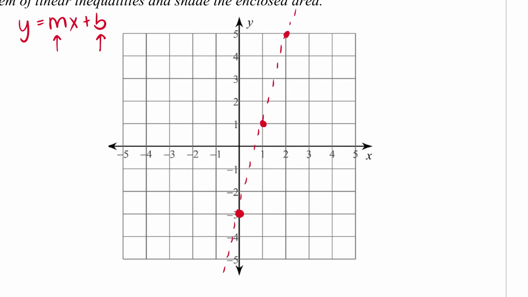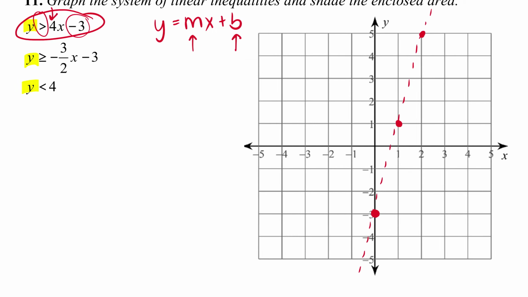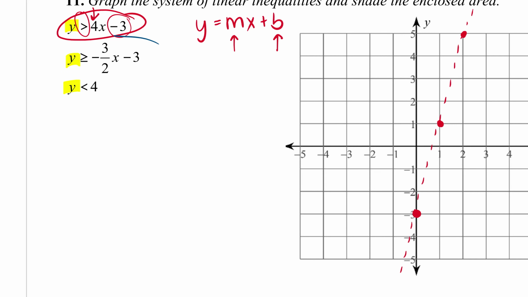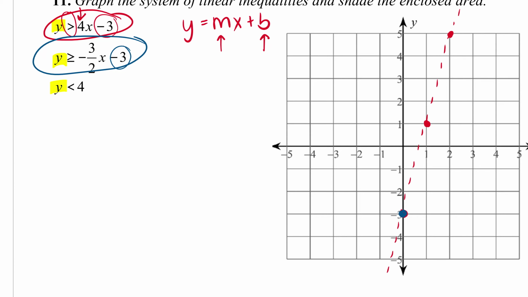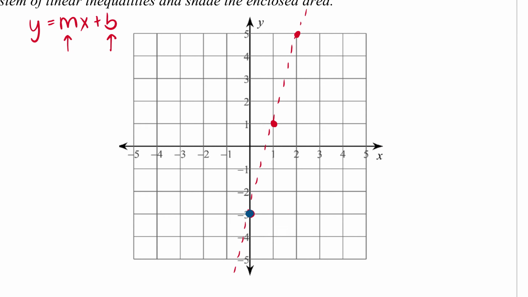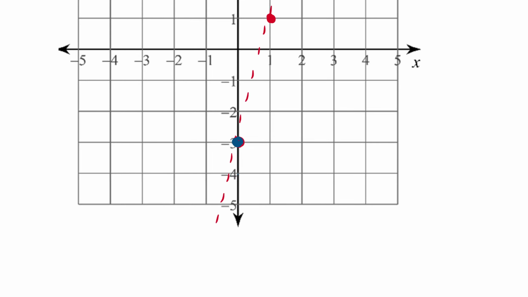Okay, so I have one line. That's good. Now let's do the next one. I have b is negative 3 again. So I start at the same point. Only this time, look at my slope. Minus 3 over 2. So from here I'm going to go down 3. Oh, I can't. I mean, I really can, right? I can go 1, 2, 3, and over 1, 2. I'd be about right here. Not exact, but pretty close.